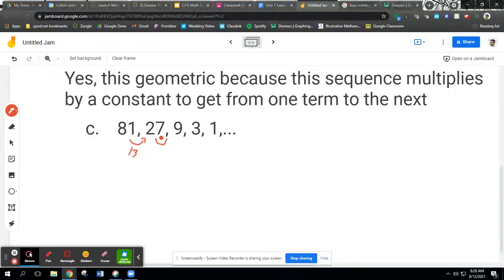If I do 27 divided by 3, that equals 9. That works. 9 divided by 3 is 3. And 3 divided by 3 is 1. So this is following a pattern of division.